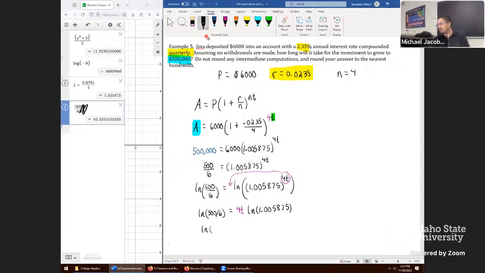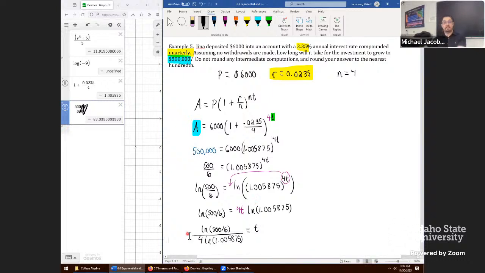So it'll become natural log of 500/6. On the right-hand side, we're dividing by 4, so it emerges here. We divide by this logarithm, so it's also down here. And the right-hand side is just t.